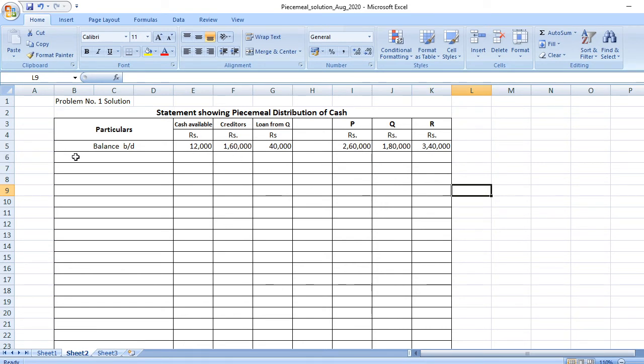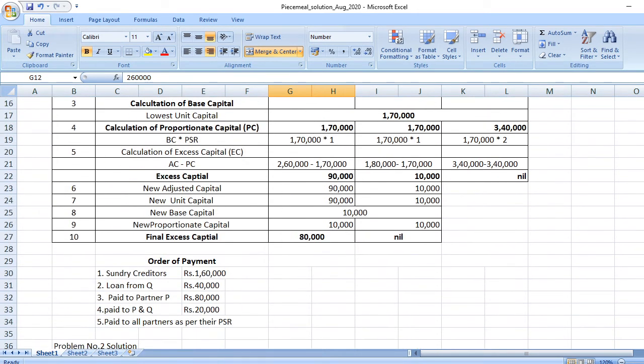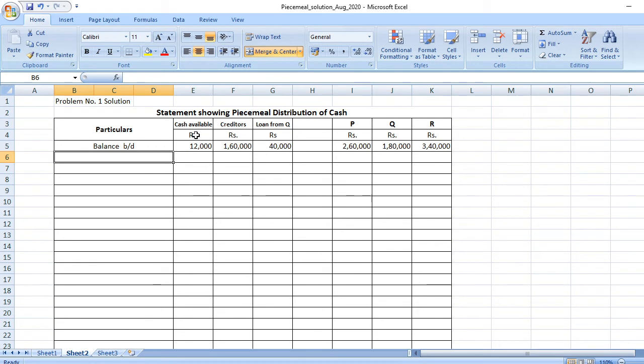After recording this, now we will pay in order. Order is very important, you have to consider it. First payment we have to give to the sundry creditors. Now friends, we have only 12,000 available balance, so we don't have the capacity to pay all the money at one time.